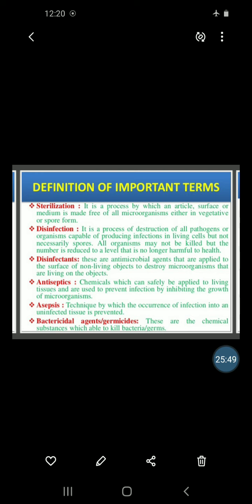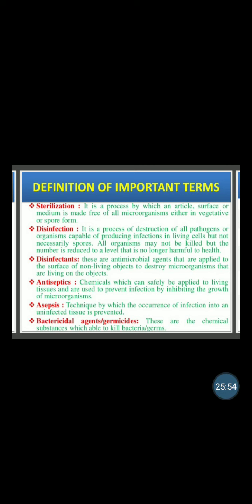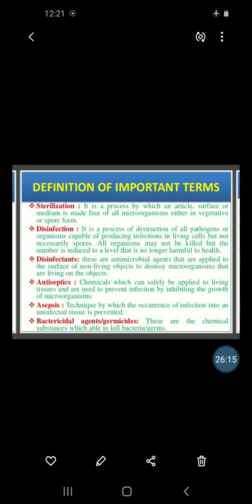And next, the complete wrapping of the article is essential in order to avoid contamination by non-sterile air, which enters the oven due to the contraction of the air on cooling, and to avoid subsequent contamination prior to its use.